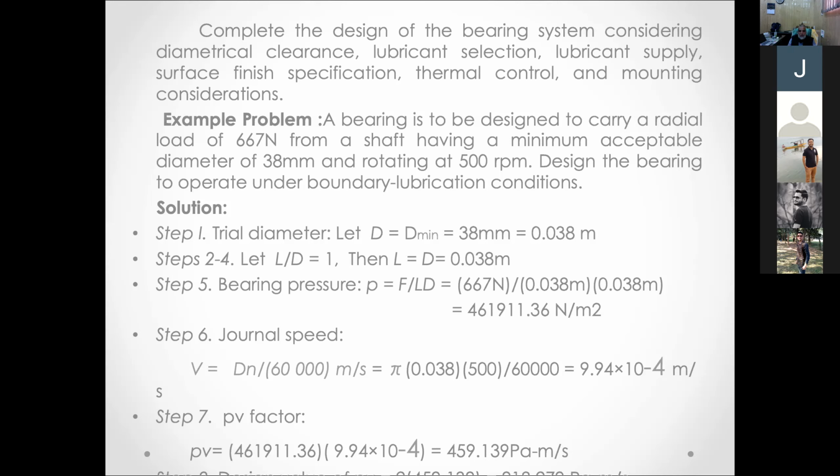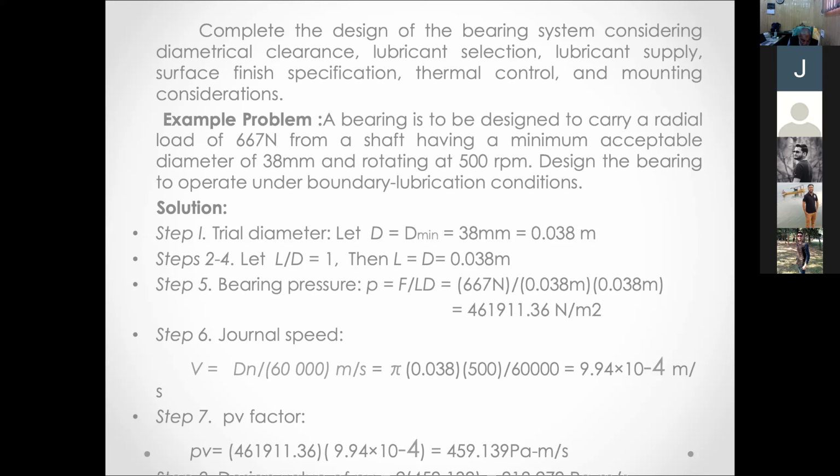For example, complete the design of the bearing system considering diameter clearance, lubricant selection, lubricant supply, surface finish specification, thermal control, and mounting consideration.